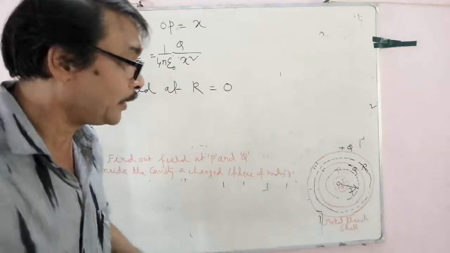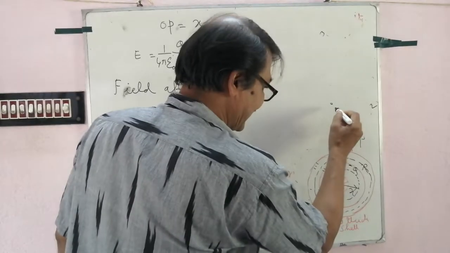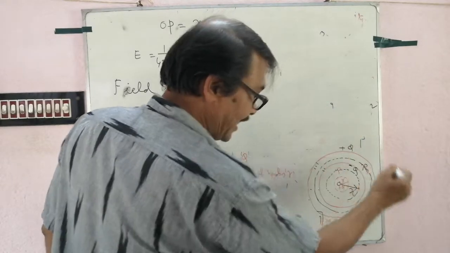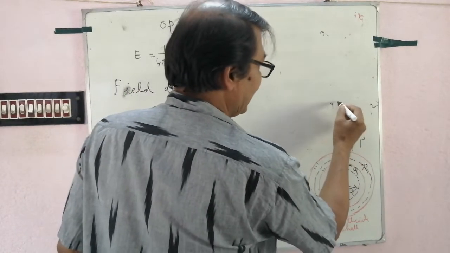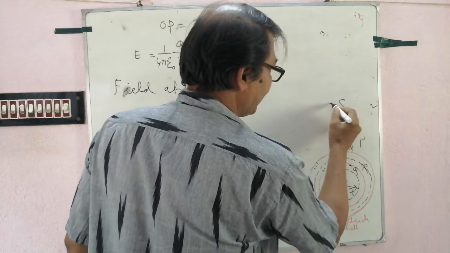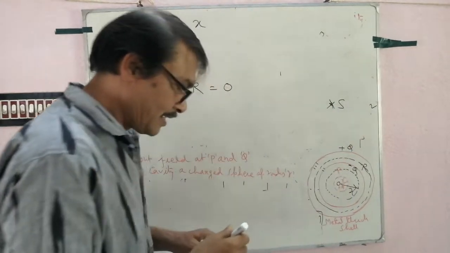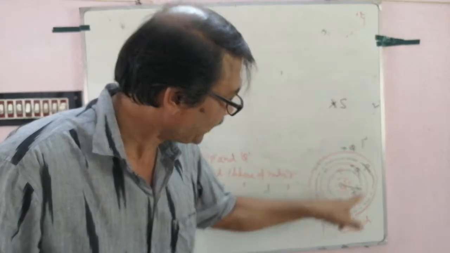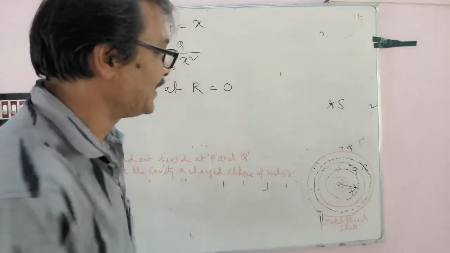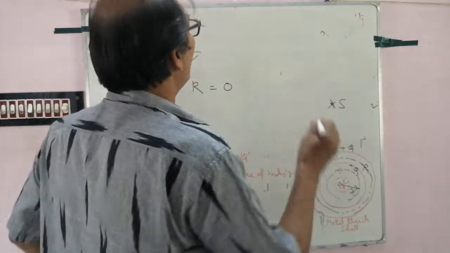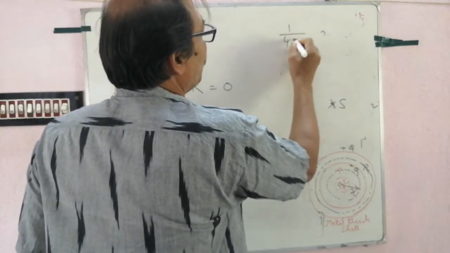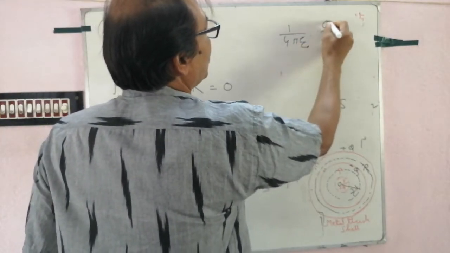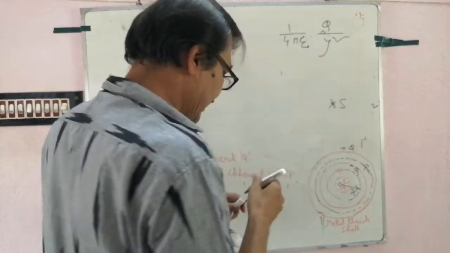If you have to find the field at a distance outside the sphere, at this point S, then follow: the total charge is minus q plus q plus q, so total charge plus q. So if this distance is y, the result will be 1 by 4 pi epsilon naught, q by y square. Clear?